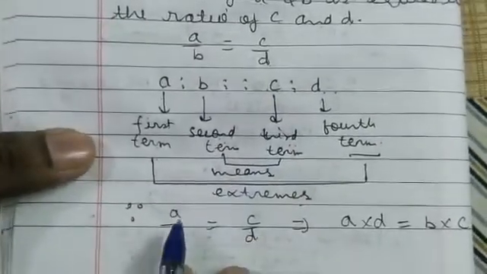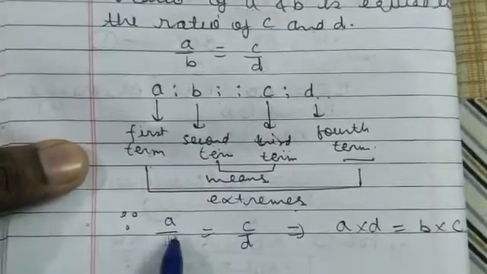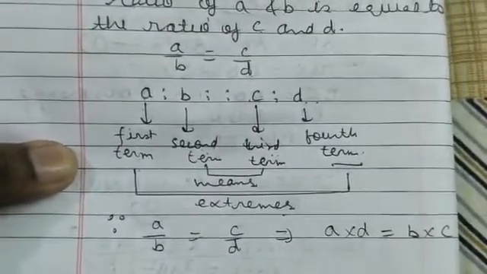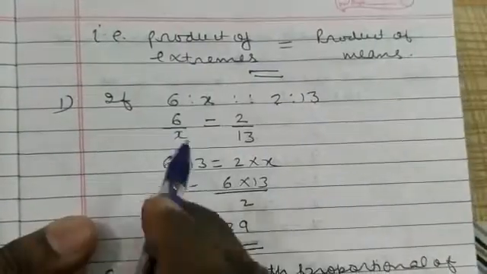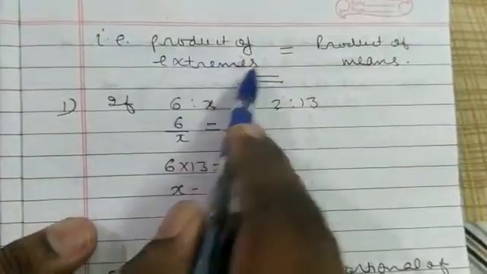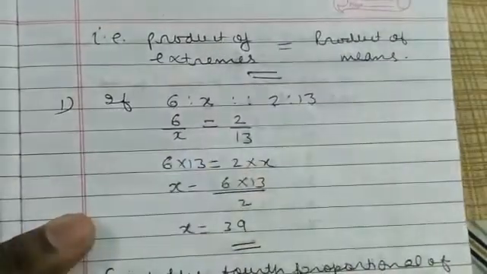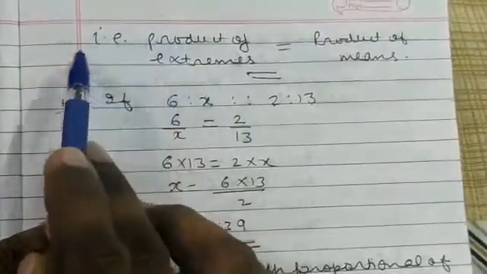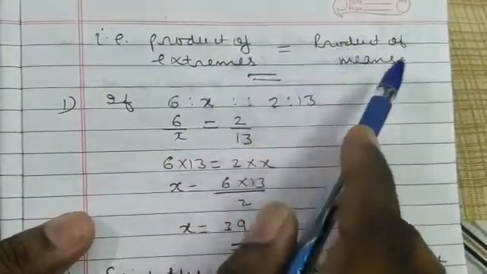If you write A upon B equals C upon D, then on cross multiplying, you will get A cross D equals B cross C. As A cross D is the product of extremes, it will be equal to the product of means. If four terms are given, then the product of the first and last term is equal to the product of the middle terms.